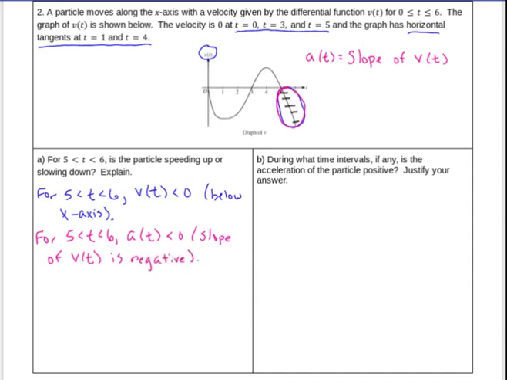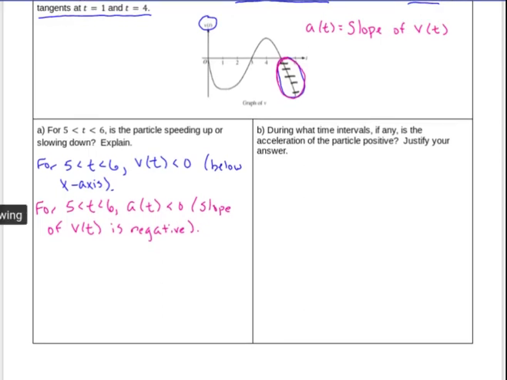Well, when we look at this then, we've decided the velocity is negative and the acceleration is negative. Those are the same sign.